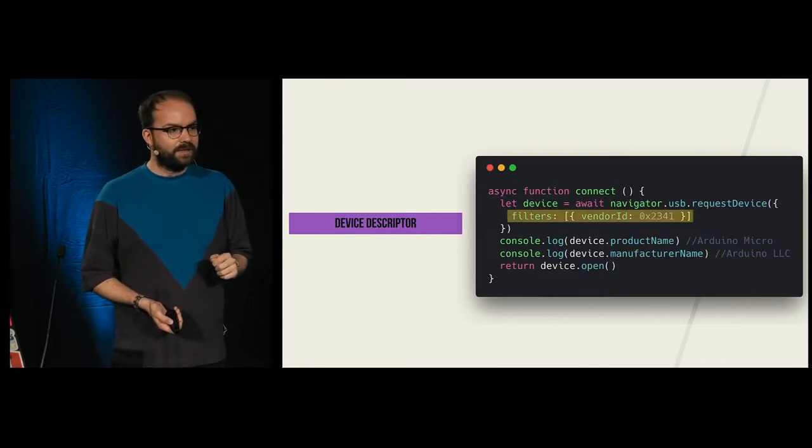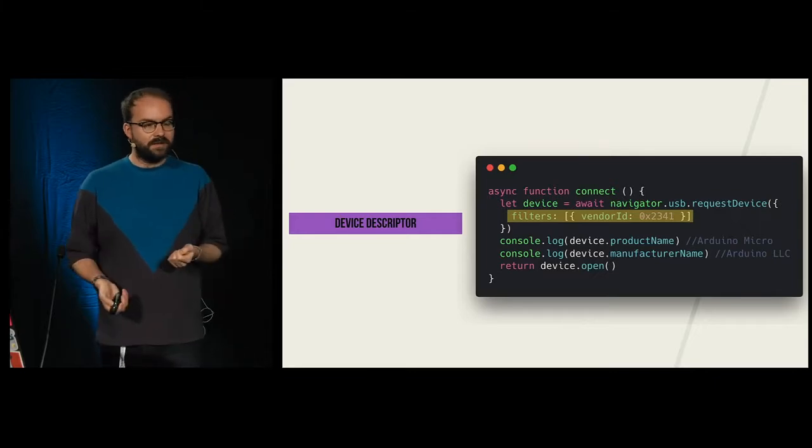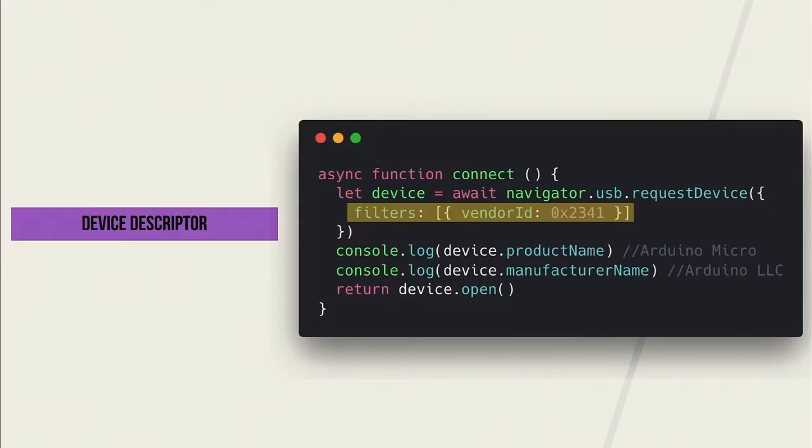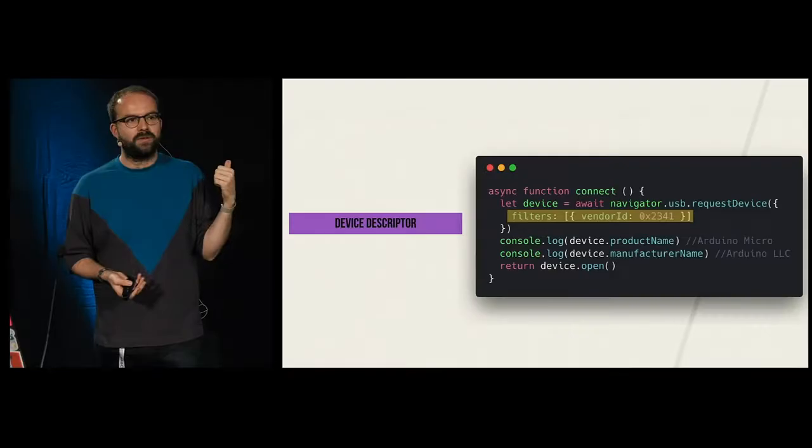In order to do this, we just need to use the navigator.usb.requestDevice method. We can apply some filters, because otherwise, as you will see later, there will be a pop-up in your browser that will display USB devices to connect to. And for user experience reasons, we want to limit that to devices that we want to connect to.